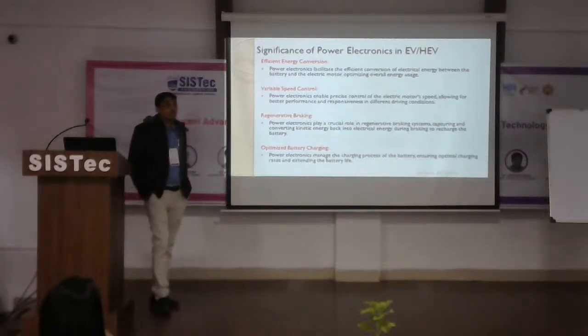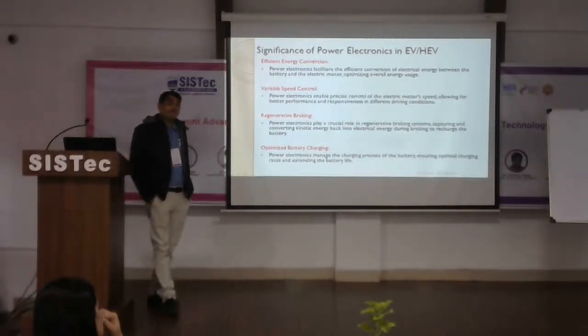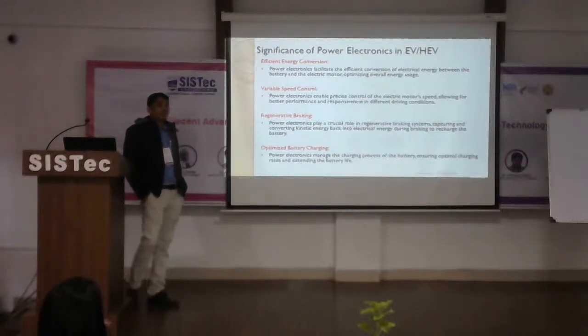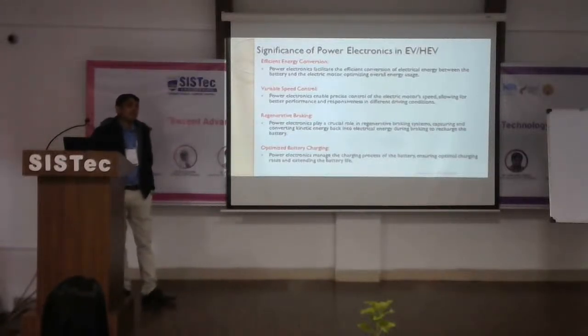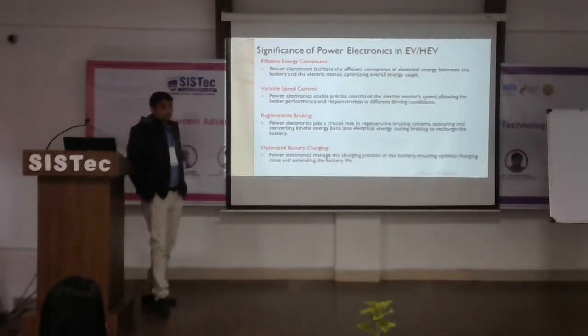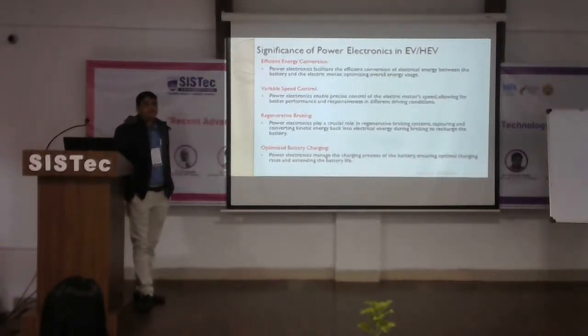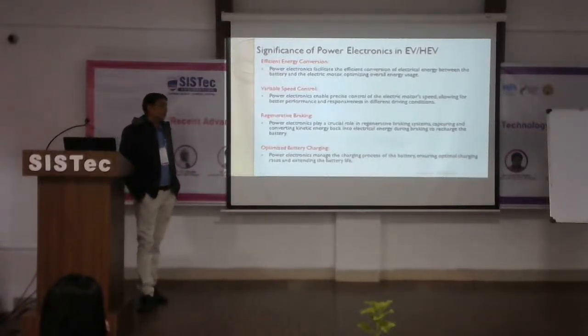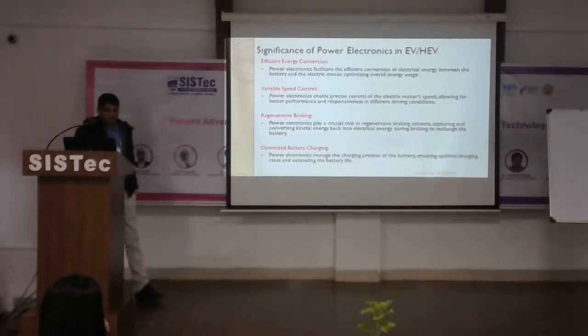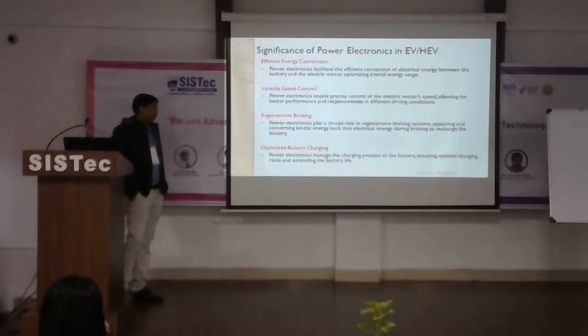So both types of propulsion we can get, rotating and also translation motion. For the translation motion, we use linear motors. In maglev trains and fast trains, this type of propulsion system is used.